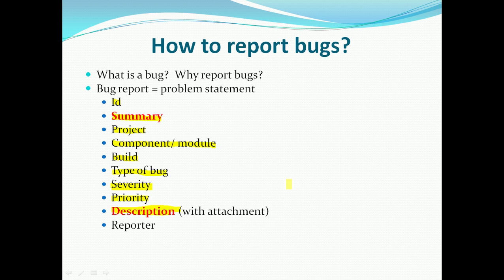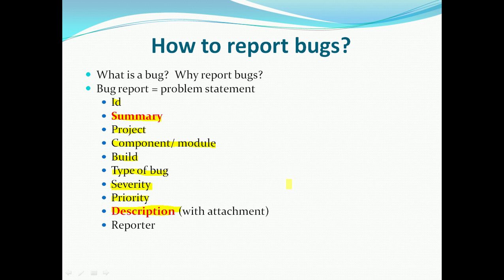So in the description, you can describe what the problem is. How you do that is you can give the steps you ran until you faced a problem. So you can give each of the steps. You can also specify what data you used when you ran each of those steps. So if you logged into the system, what was the username you used, what was the password you used, then you clicked on which link, then you clicked on which button, then you entered what data.